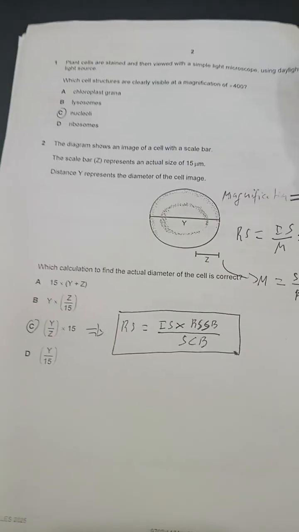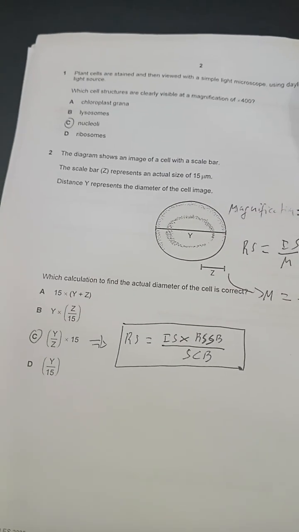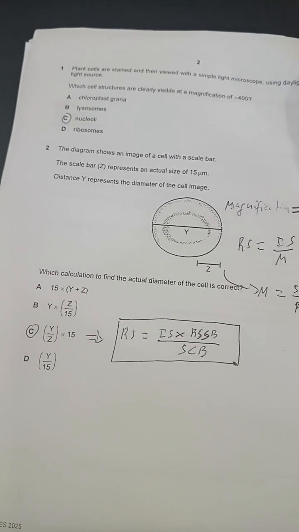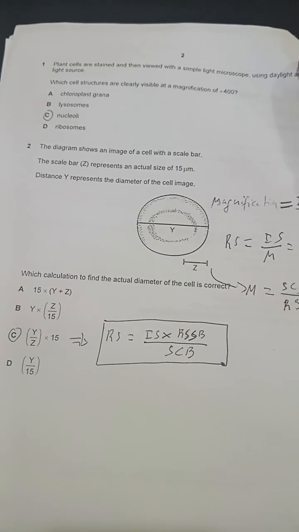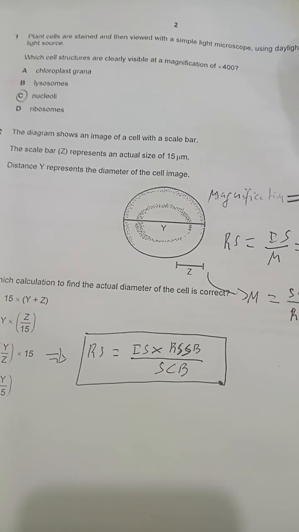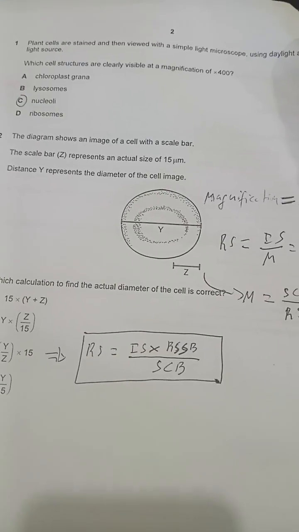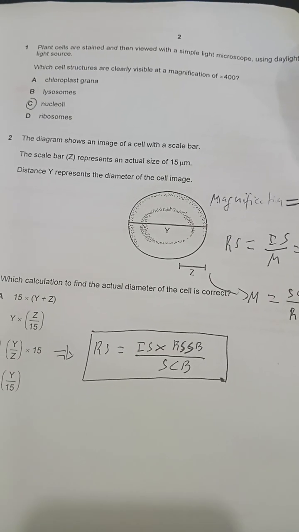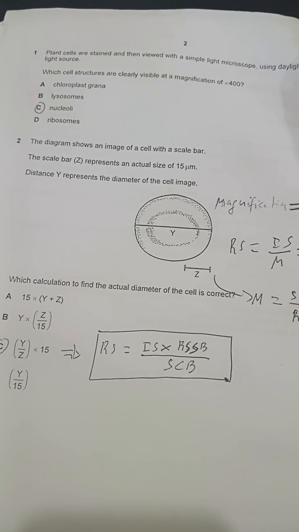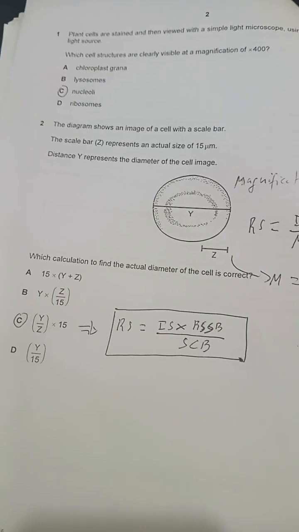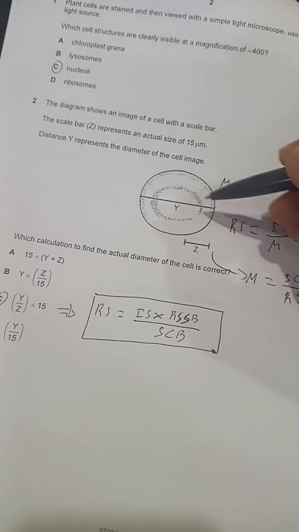Number 2, the diagram shows an image of a cell with a scale bar. The scale bar Z represents an actual size of 15 micrometers. Distance Y represents the diameter of the cell image. So this is what we see here.